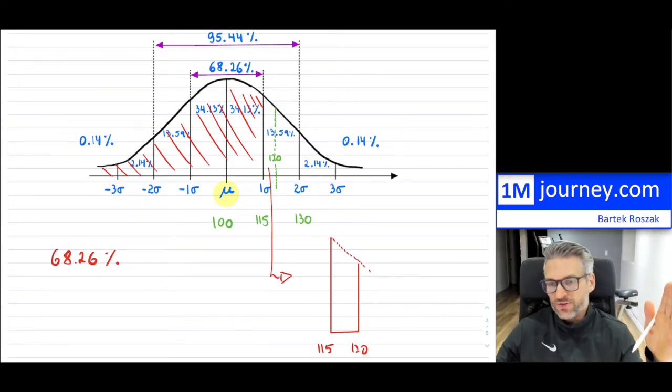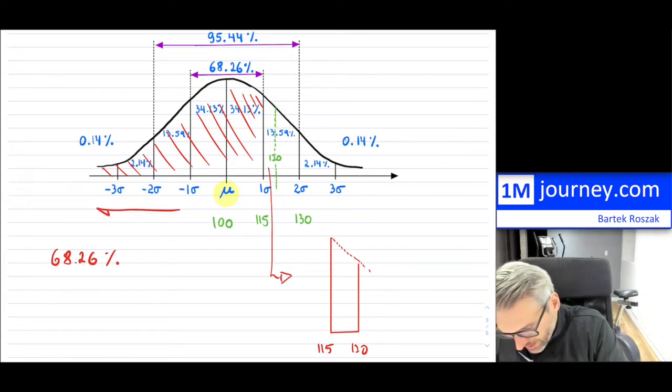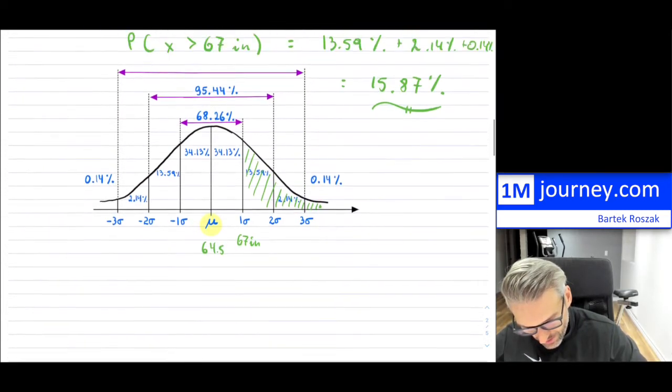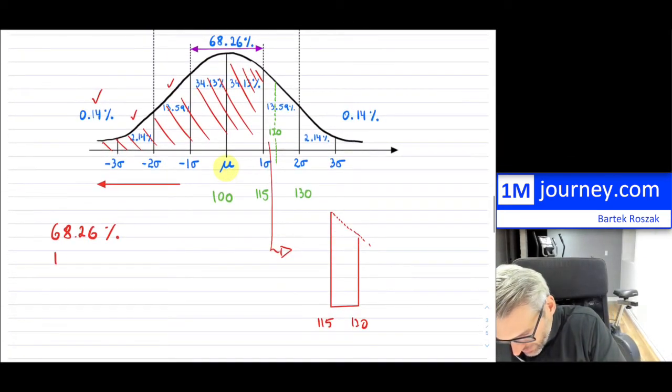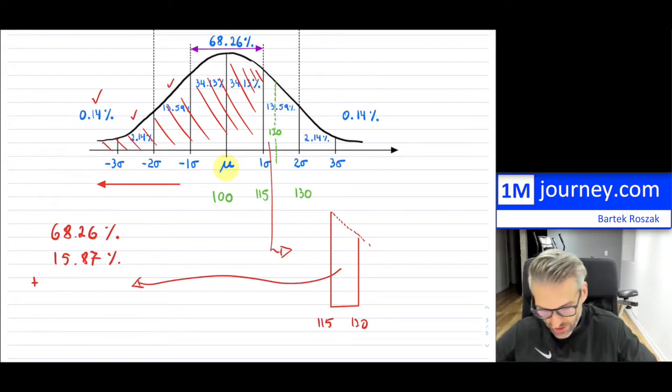Now, to the left, on the negative side, going in this direction, we just calculate it. That's just this plus that, which we just did, which was 15.87, I believe. So 15.87, and now it's going to be plus this little piece that we need to know.